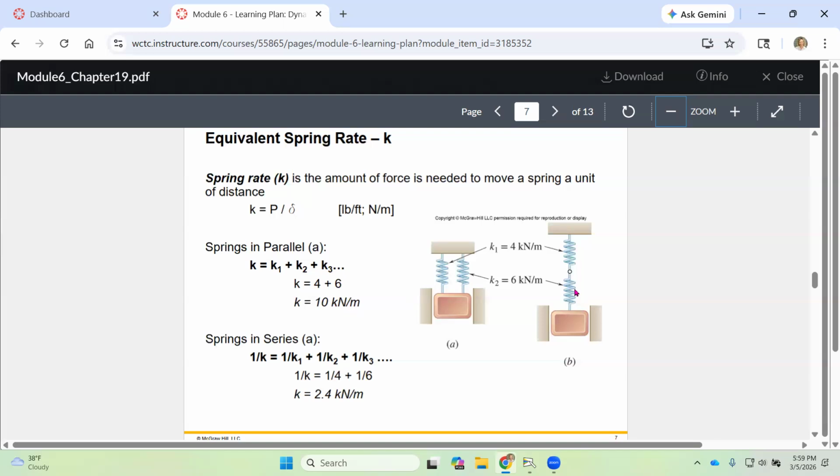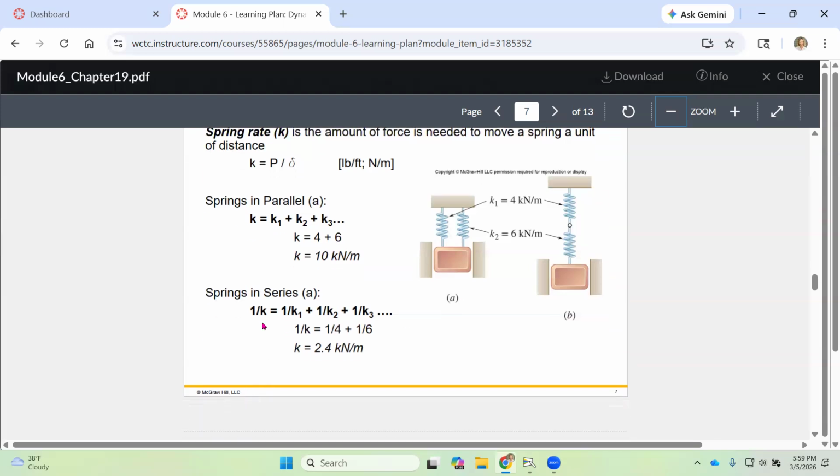Now, over on the right-hand side, the springs that are in line with one another, or in series, use a slightly different equation. Here, we take the reciprocal: 1 over K equivalent is equal to 1 over K1 plus 1 over K2, and 1 over however many there would be in series. In this case, 1 over K is equal to 1 over 4 plus 1 over 6.